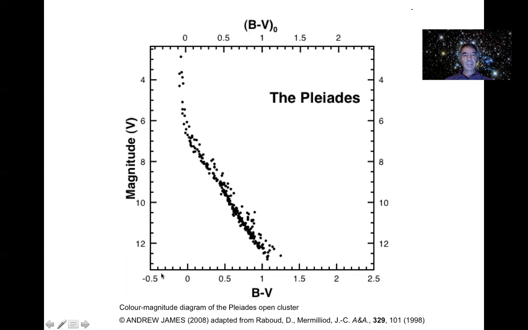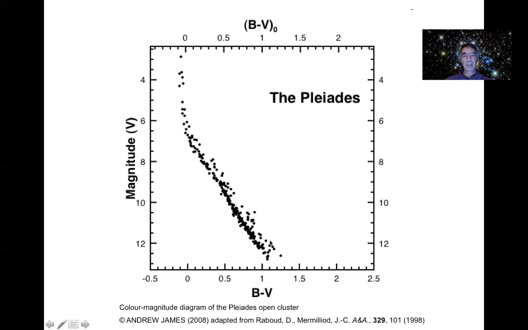Each dot on here represents one of the stars in the Pleiades cluster. And you can see straight away there is this mainly diagonal structure that goes from the top left down towards the bottom right. That is exactly the same as the main sequence that I talked about when we were talking about HR diagrams. So the ones up here will be very hot, very luminous.